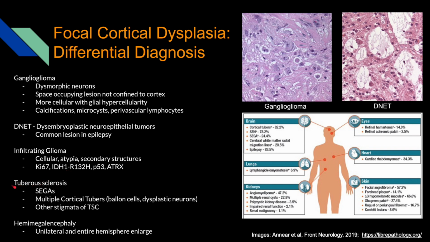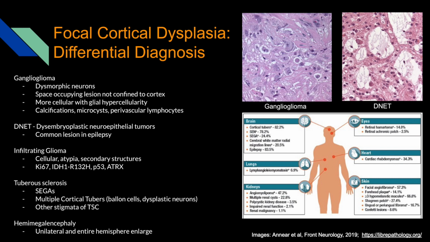Again, the major differential is tuberous sclerosis, just because the lesions look very similar to cortical tubers, but this is actually very easy to differentiate simply based on clinical history. Usually patients with tuberous sclerosis have multiple lesions, multiple cortical tubers. They have what are called SEGAs, or subependymal giant cell astrocytomas.